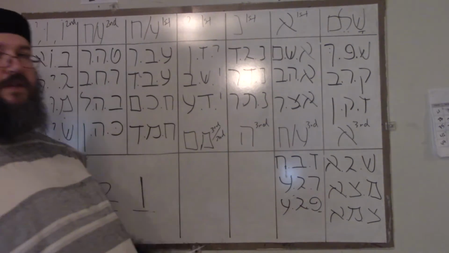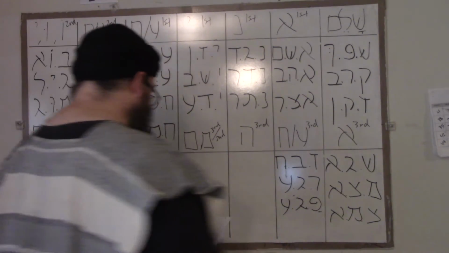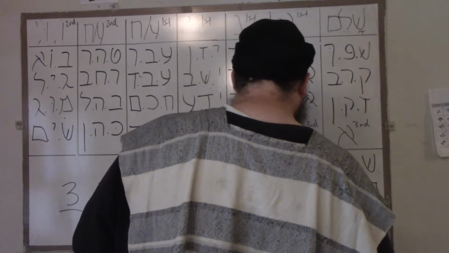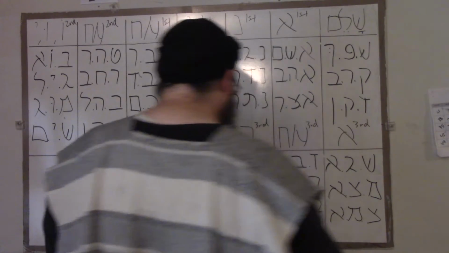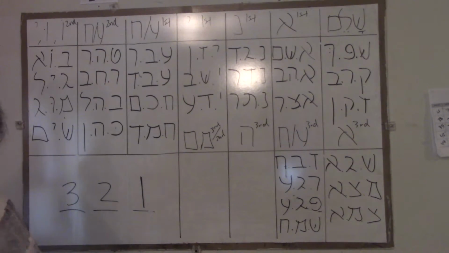Pei, Gimel, Ayin, we see the Ayin in the third root letter. And then of course lastly we see Chet in the last root letter.